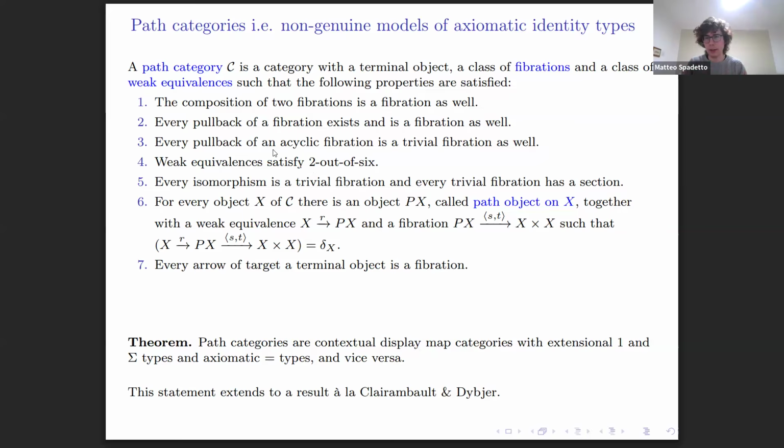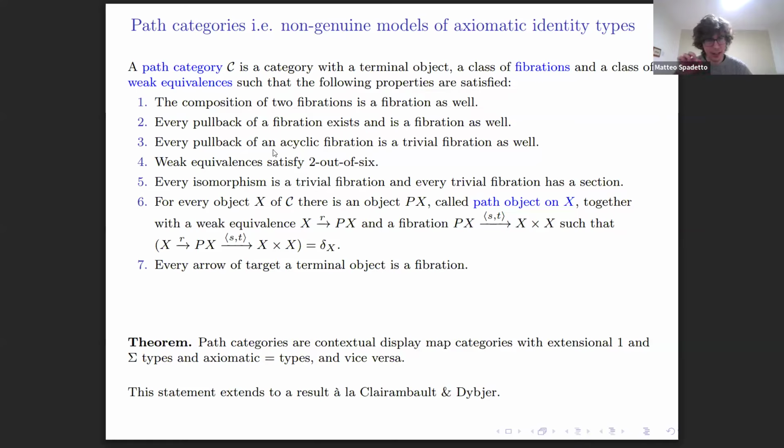If you have 3 composable weak equivalences, then you have 6 arrows: these 3 arrows, or the composition of any 2 of them, or the composition of the whole of them. When 2 of them are weak equivalences, then all of them are weak equivalences. Okay, I didn't notice that subtlety, because everything else looked about the same as far as I could remember. Thank you for the question.